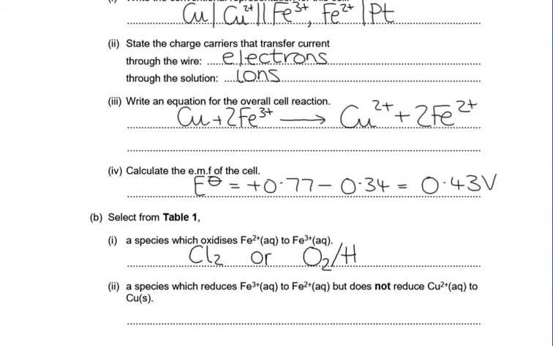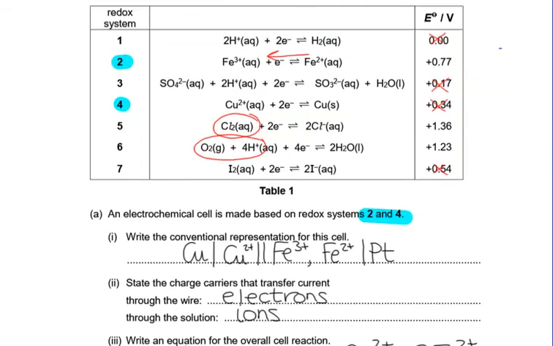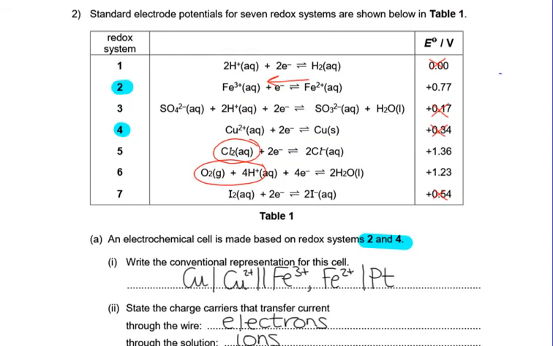because if you pick the oxygen, you have to write oxygen / acid. And for our last one, a species which could reduce Fe3+ to Fe2+, but does not reduce Cu2+ to Cu. What that means, it's going to have to fall in between these two in the table.